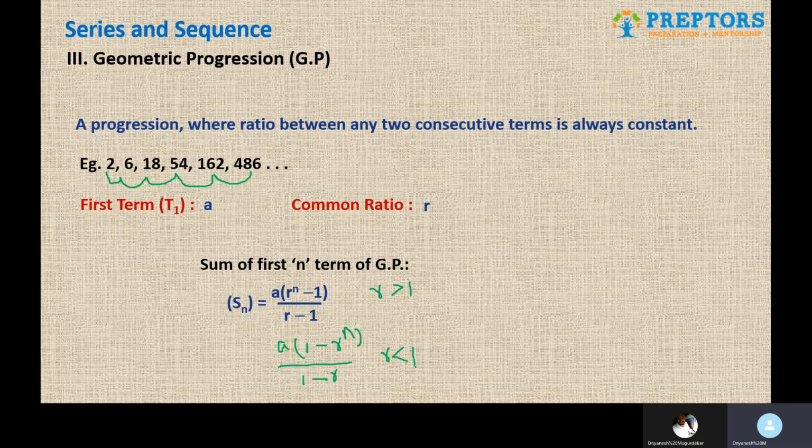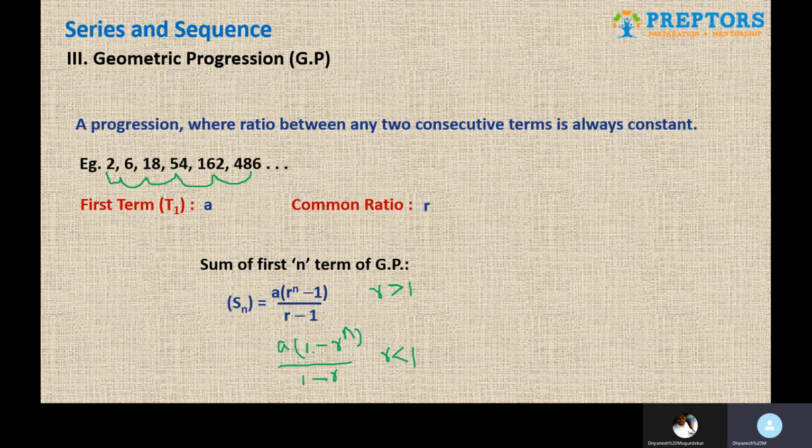You can have some specific reasons for that, but it will be helpful if you remember it like that. Ideally there is no big change if you observe both the formulae. All we are doing is multiplying by minus 1 in both numerator and denominator, and we get the second formula. Imagine when r is greater than 1, the first formula will give you a positive answer, but if r is less than 1, the first formula will give you a negative answer, and hence just to tackle that we have made the second formula.